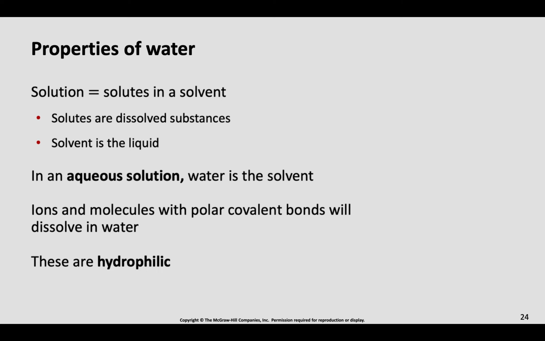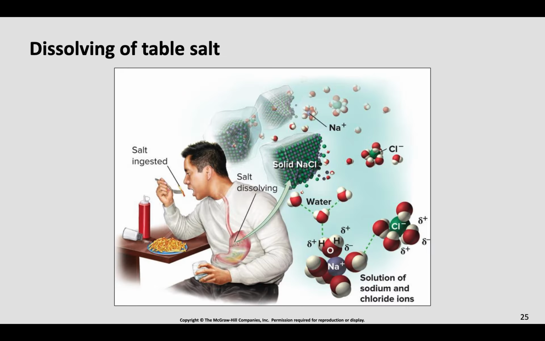This can be ions, and this can be other molecules with a polar covalent bond. Now we call these molecules that will readily dissolve in water hydrophilic. So we're just going to go through the example of table salt here because it's the most common example.